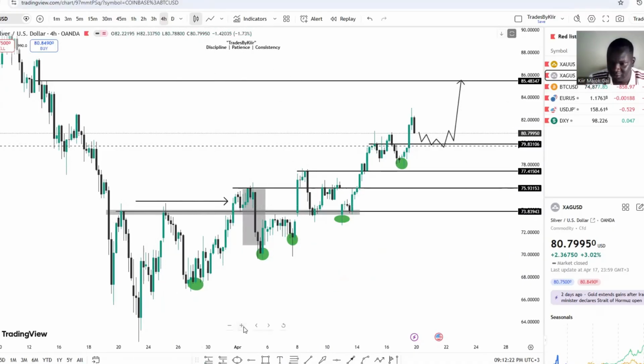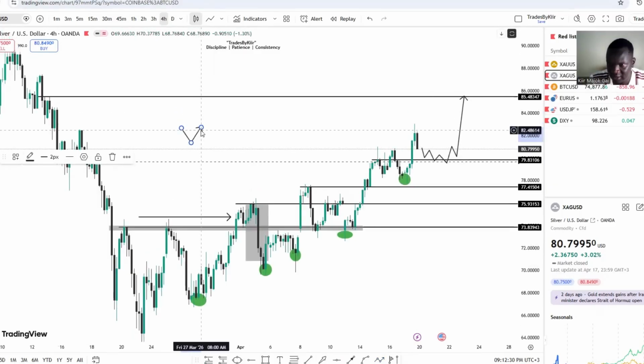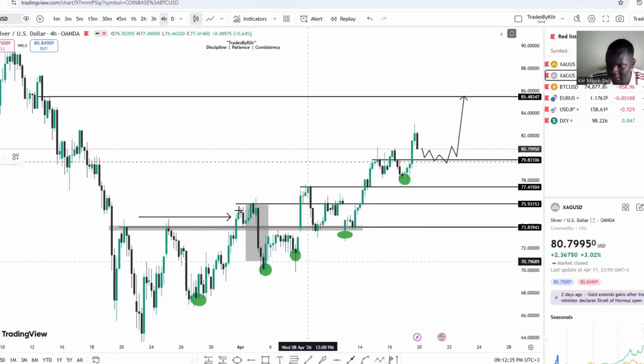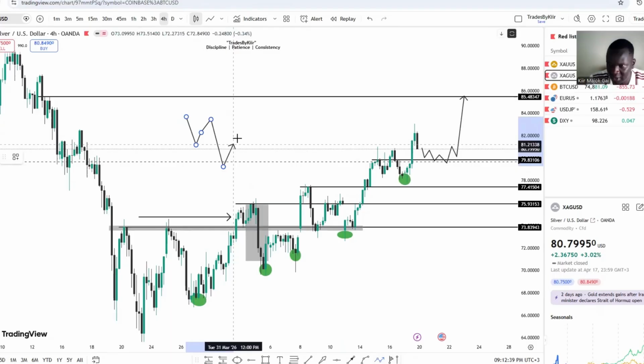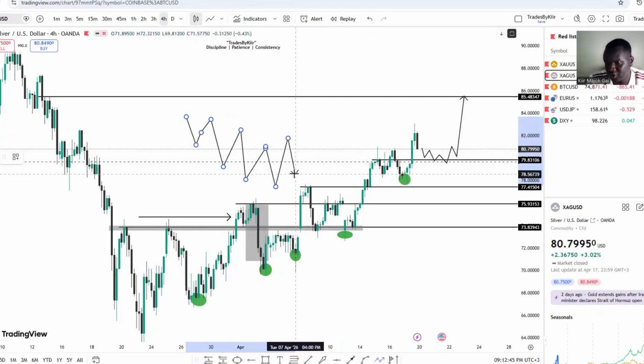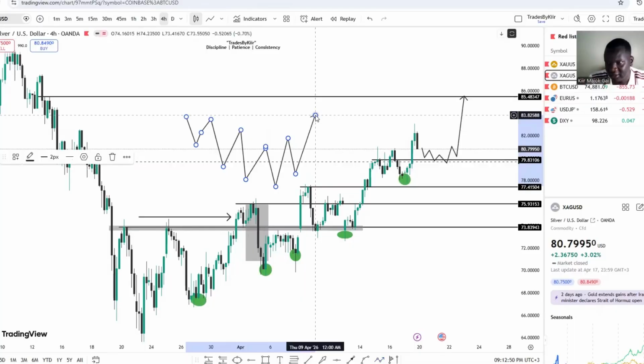When price is correcting, let's say for the bullish scenario, price indicates the upside. If we are going to have the smaller time frames, let's just say the 15 minutes, price will do a pullback like this. Price will form lower highs, lower lows, lower highs, lower lows, until it fails to give you a new lower low, and then it breaks a lower high.